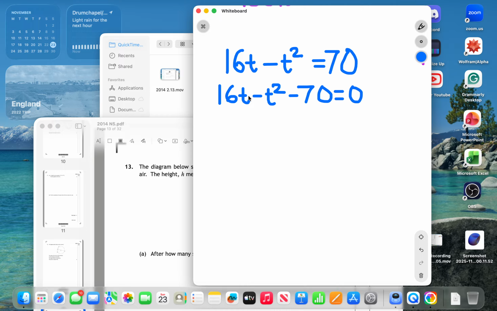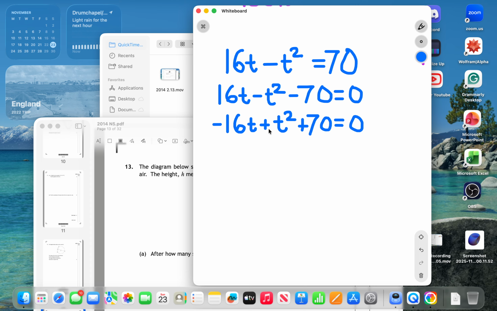But having a negative coefficient of t squared, remember the coefficient is the number in front, so minus t squared equals minus 1 multiplied by t squared. We want that to be a positive, so we're going to multiply both sides of that equation by minus 1, so we get minus 16t plus t squared plus 70 equals 0.